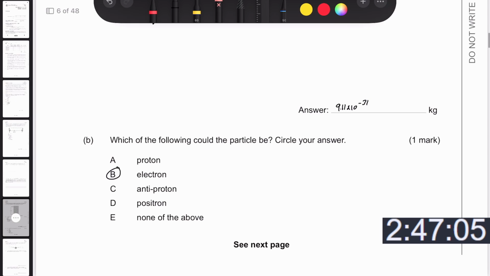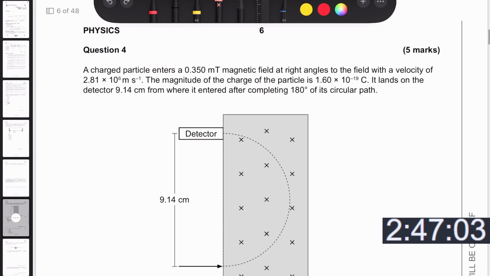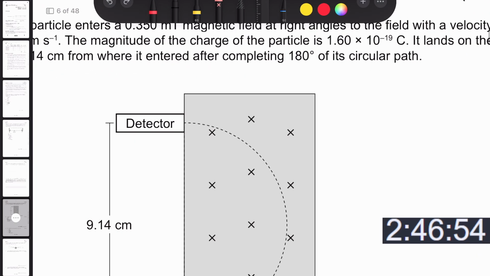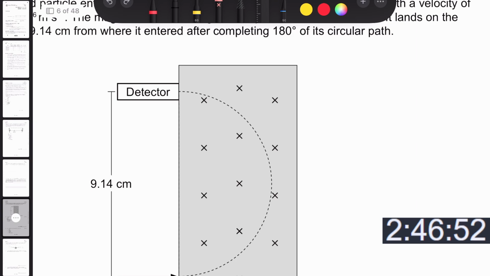Oh wait, hold on. My force is going this way. I have to determine whether it's an electron or a positron.